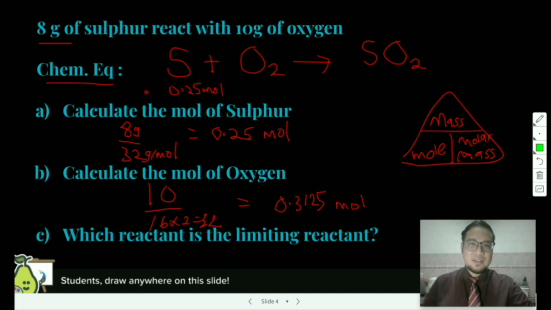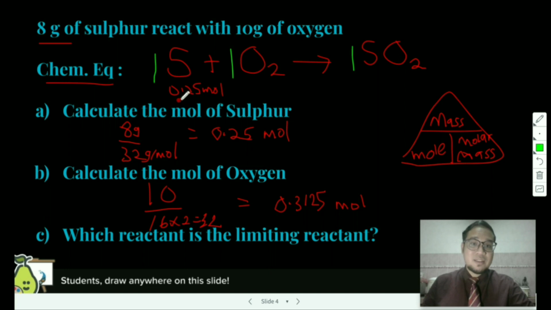Now let's take a look at the mole ratio. In the chemical equation, 1 mole of sulfur will react with 1 mole of oxygen and then produce 1 mole of sulfur dioxide.